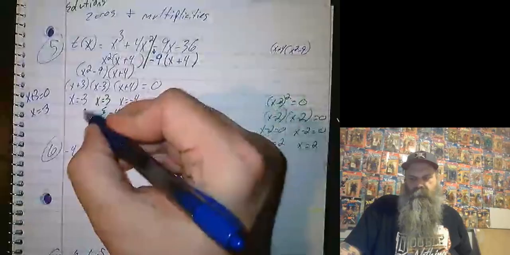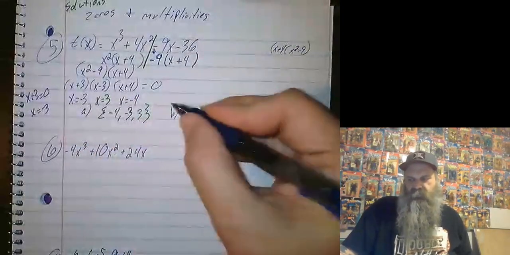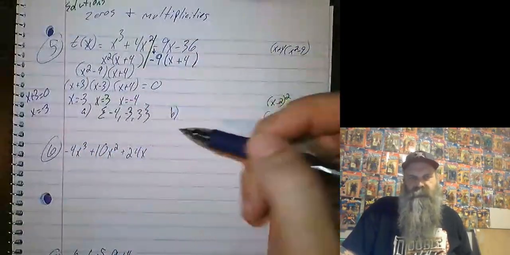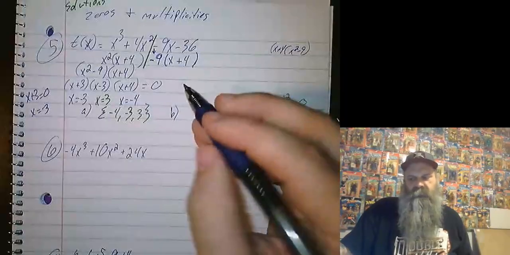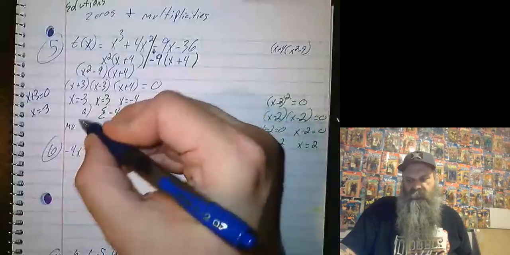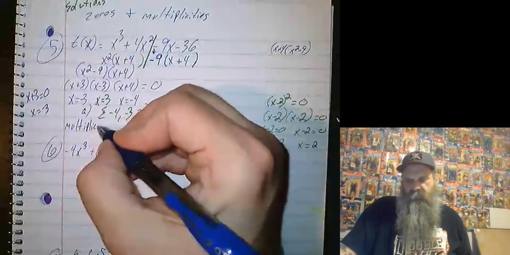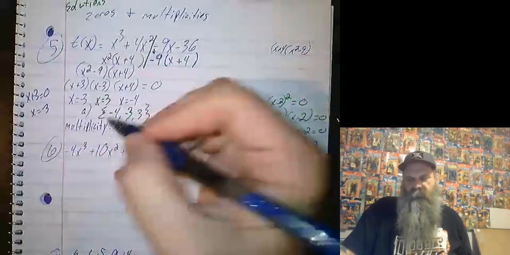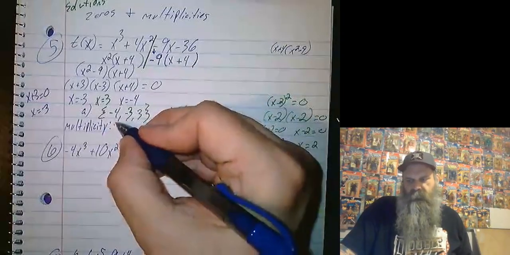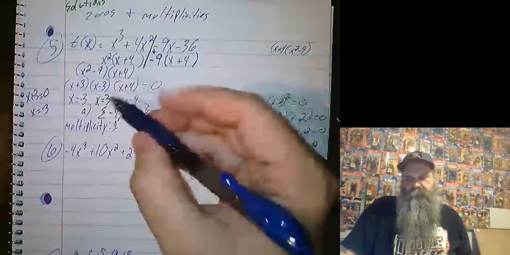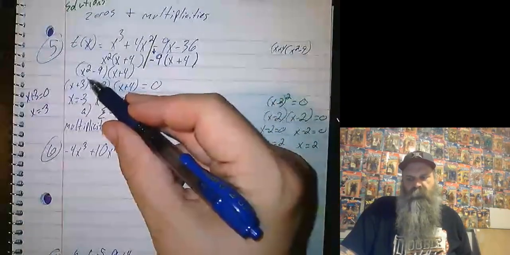So that's part 1. And then the second part will be, what is the multiplicity at each solution? And each of these, I'll just write it out like this, have a multiplicity of 1. Because none of these were squared.